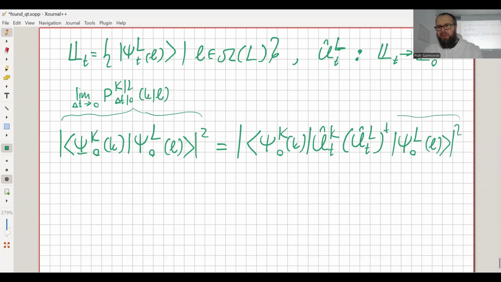Okay, which would correspond to the limit delta t goes to 0 of p_kl(t plus delta t), k, l, right?